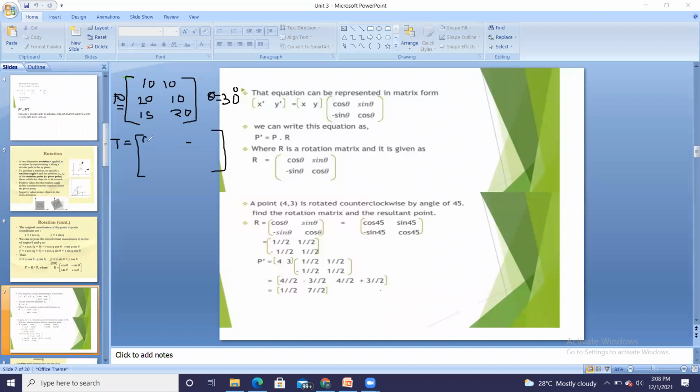So this is your cos theta, minus sin theta, then here sin theta and cos theta. Okay, so this is your T matrix. Now put 30 degrees in its appropriate location and find out the T.